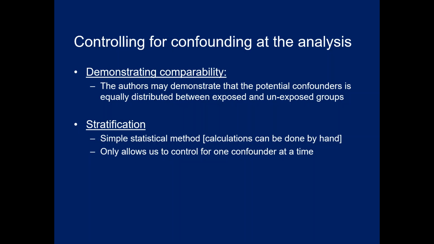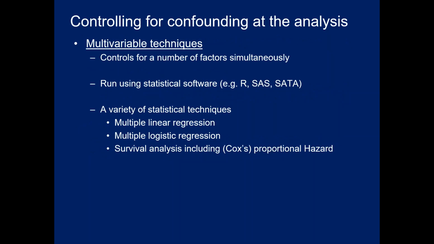All right, so if you've got 3 or 4 confounders, stratification is not an answer. It used to exist because it was one of the few options we had available before we had the computing power. But now we do have the computing power, and one of the most common techniques we use to control for confounding are multivariable models.